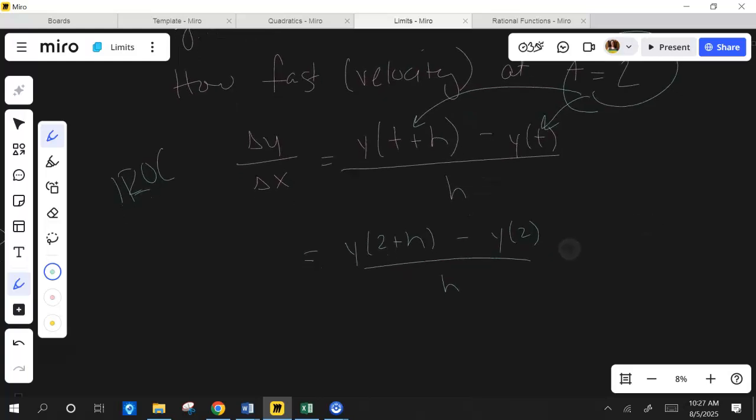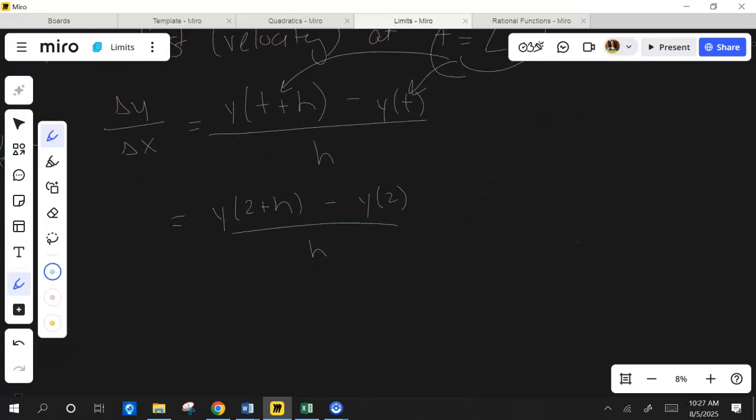Okay. So now, my question is, what is y of 2 plus h? Well, I have an equation for y, right? What's the equation for y? 16t squared. Well, this is algebra, right?